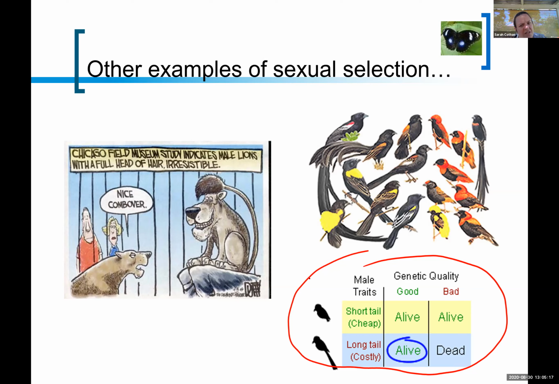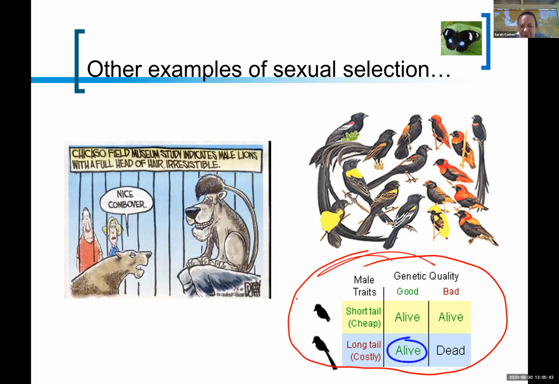If you only make so many eggs and you're going to mate with him, you better pick the best possible male you can. Whereas males are like, I make so many sperm, I'll mate with anybody. So males typically are not very choosy in the animal kingdom, whereas females often are.